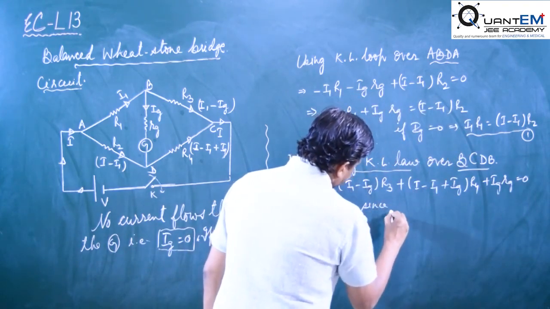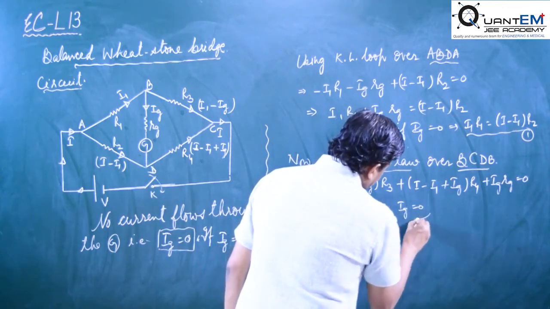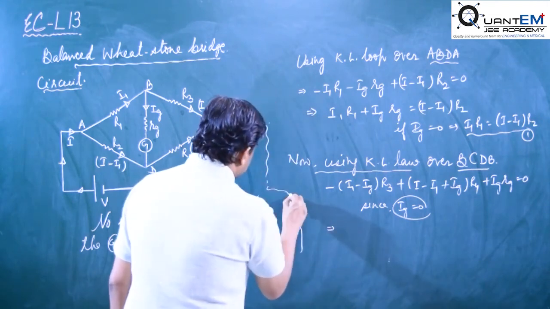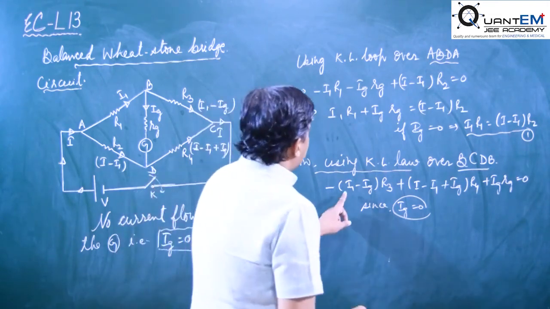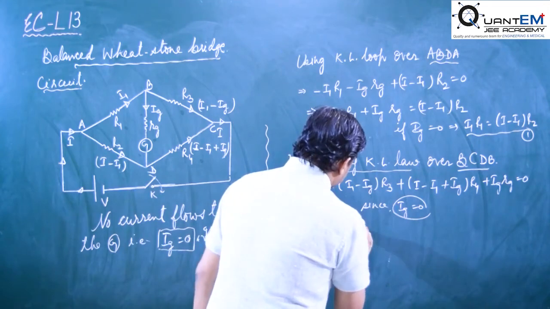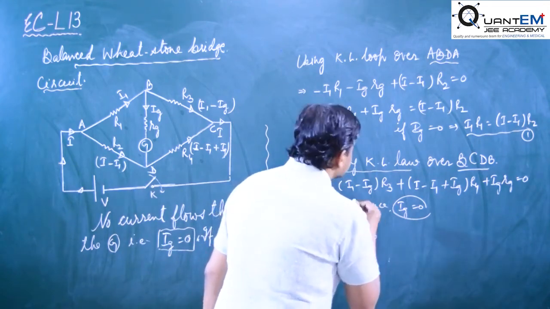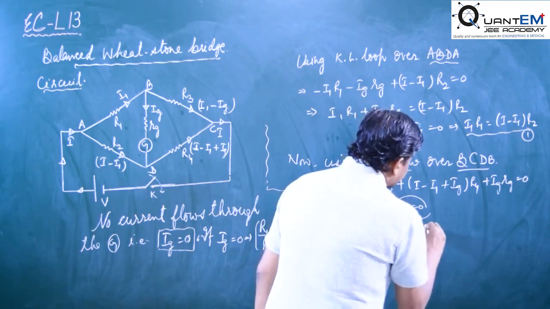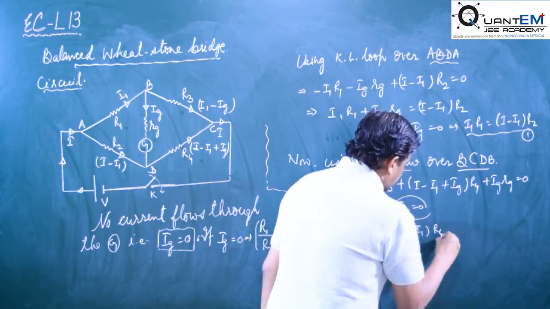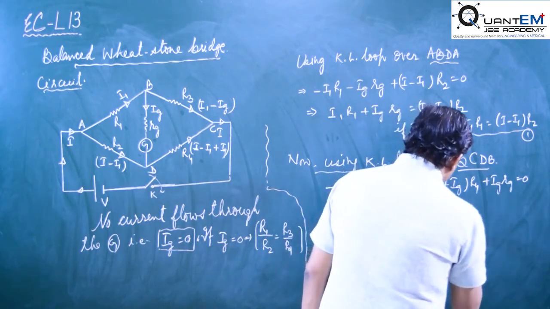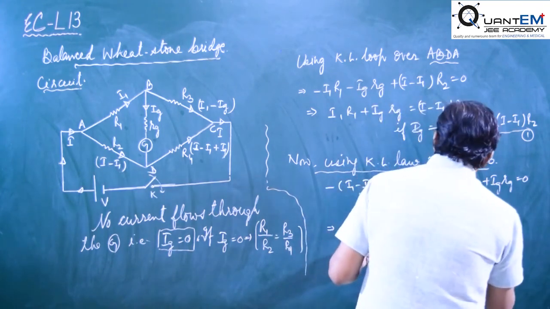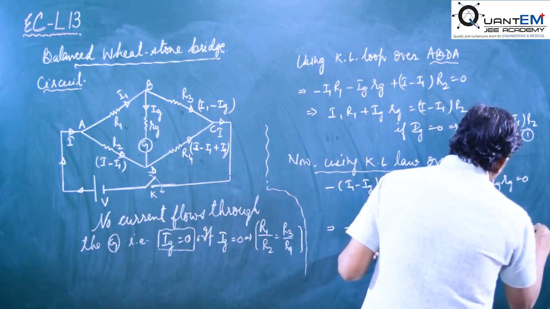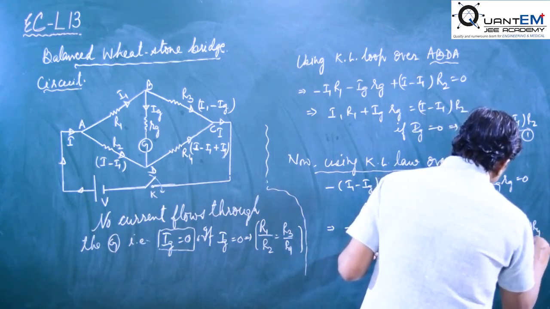So since Ig is equal to 0, it implies that minus I1 R3 plus I minus I1 into R4 is 0. It implies that I1 R3 is equal to I minus I1 into R4, that is equation 2.